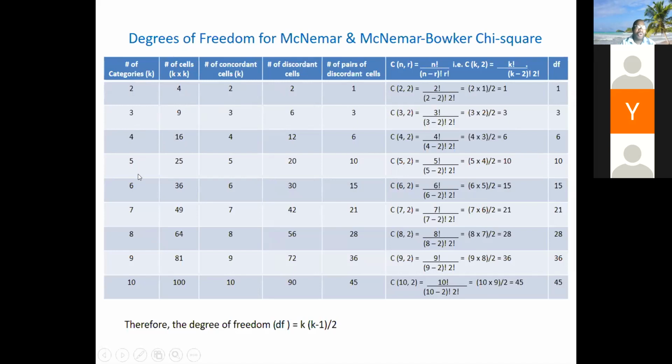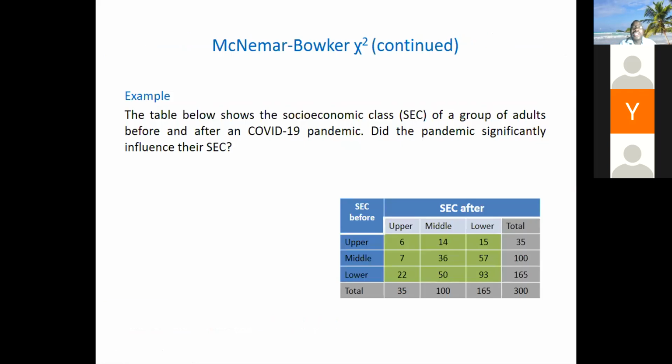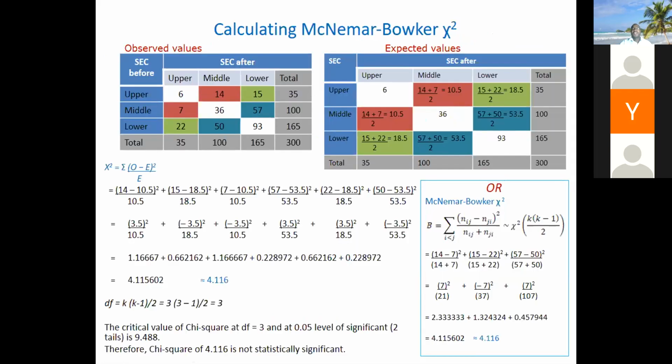So the square of the number of categories is the number of cells you're going to have. Then the number of concordant cells, which are along the diagonal. The one that you will not change is that thing, after and before. The example I'm using here is the socio-economic status before and after COVID-19.